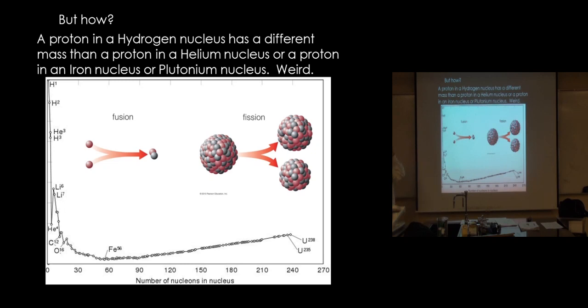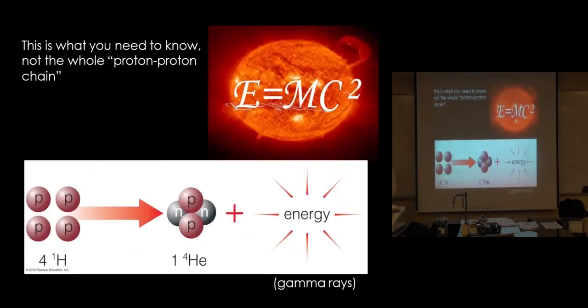If you're a large thing, you can break apart and release energy by going towards iron. So iron is like the nadir. Iron has the lowest mass per nucleon. So you always have to put energy into iron to turn it into anything else. Any questions about that?